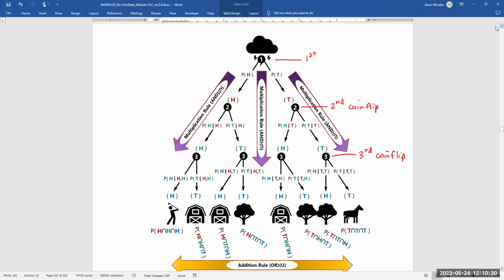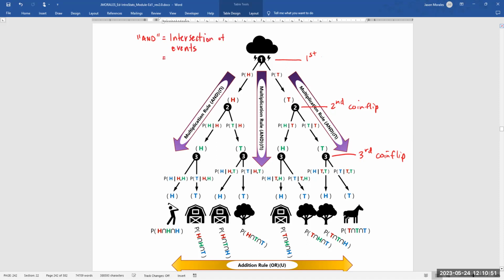So when it comes to probabilities, there are two keywords to look out for. The first keyword is the word "and." The word "and," when it comes to probabilities, is talking about the intersection of events.